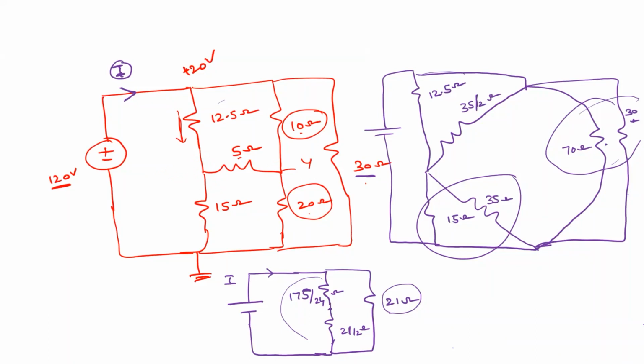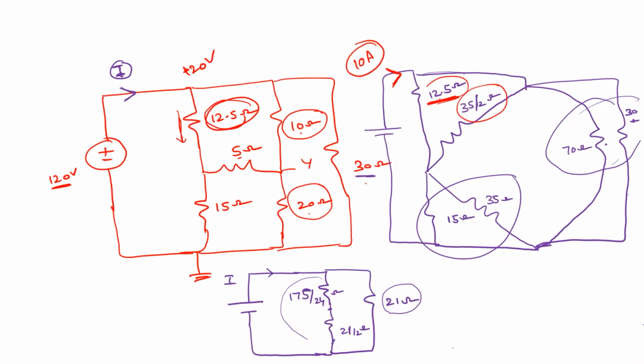But here, for example, if you want the current through this 12.5 ohm, the same current flows through this 12.5 ohm resistor and this 35.2 resistor, right? For example, you obtain 10 amperes.